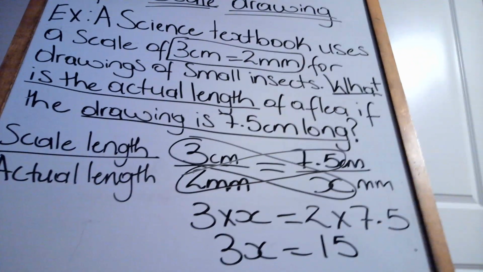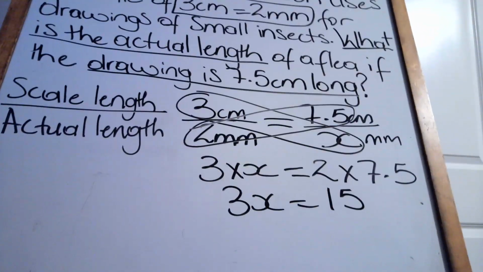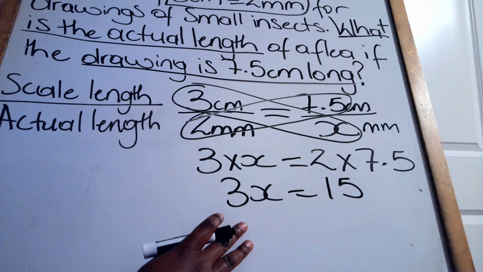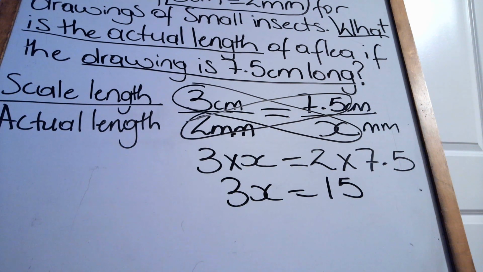Now we have 3x is equal to 15. We know that 3 of the x is equal to 15, but we want to know what 1 of the x is equal to.